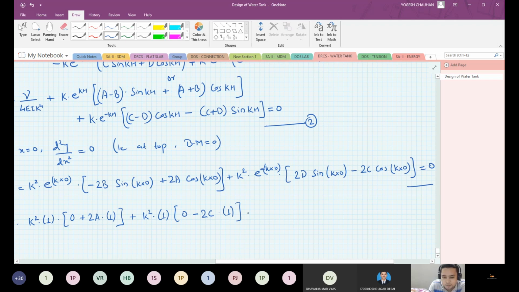The k square and k square cancel out, so it will be 2a minus 2c equals 0, which implies a equals c.